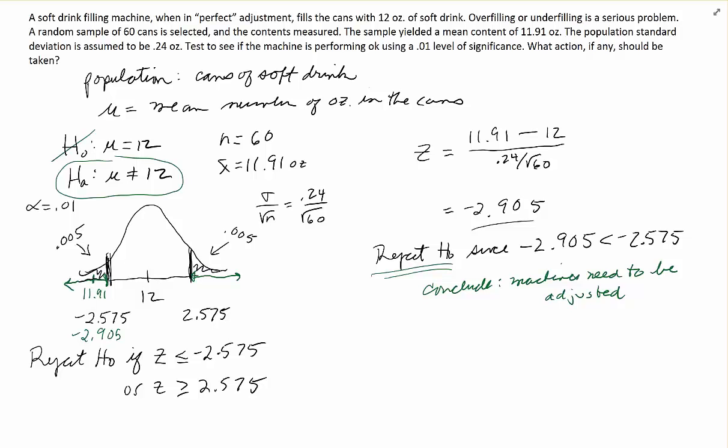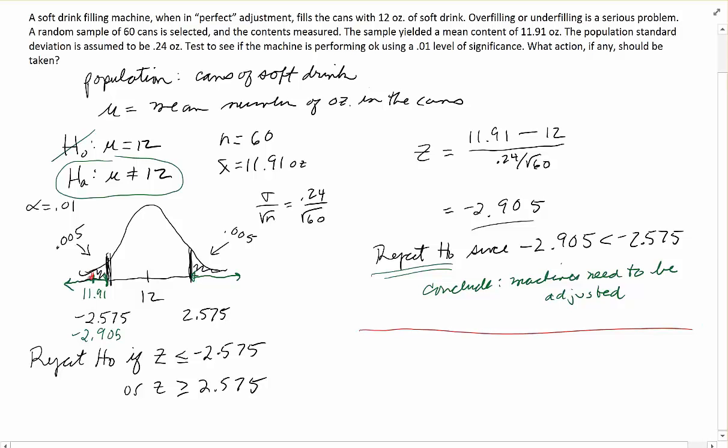Now again, as before, let's look at this problem and find a p-value. The p-value for a two-tailed test works a little different. The first thing I would need to do is find the probability of being less than the 11.91. In other words, the percent of sample averages to the left of the 11.91.